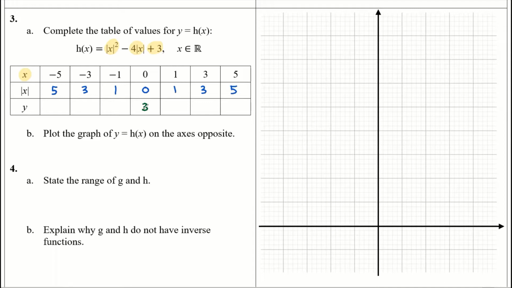So it's just the same as if I was finding x squared subtract 4x plus 3. So I just have to plug in the values. So h of 1, I can treat as 1 squared subtract 4 times 1 plus 3.